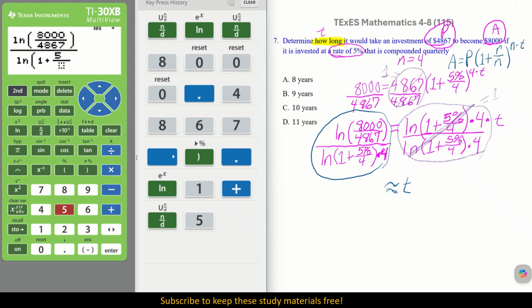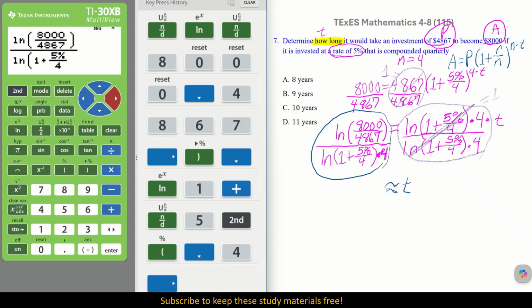How do you do that? Second, and you see that open parentheses there, my percent is above it. Now I arrow down, and that is n is equal to 4. Then I arrow over, close my parentheses. Now I can just type in 4 here.